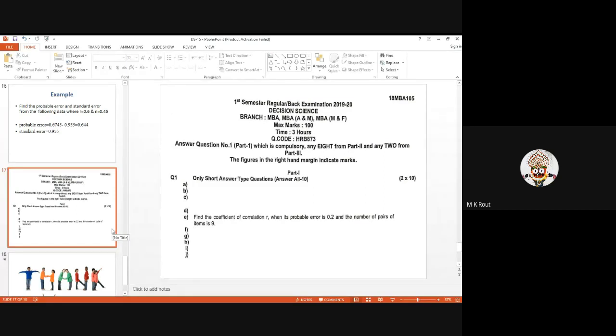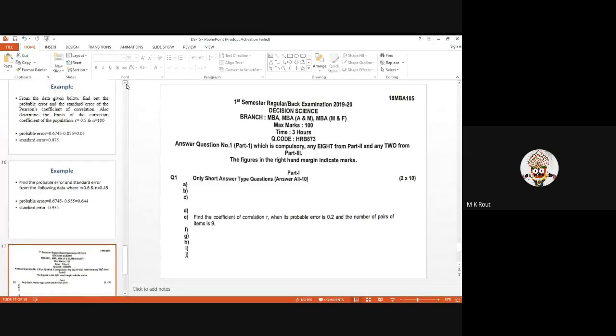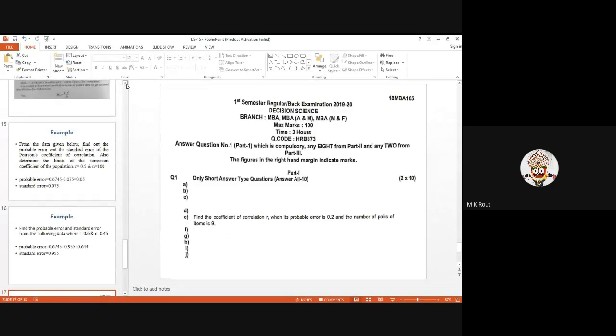Which formula is used here? The same formula is used, just replace the probable error with 0.2. So 0.2 equals 0.6745 times 1 minus r square divided by square root of n.